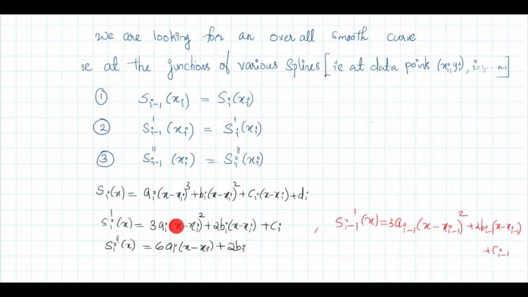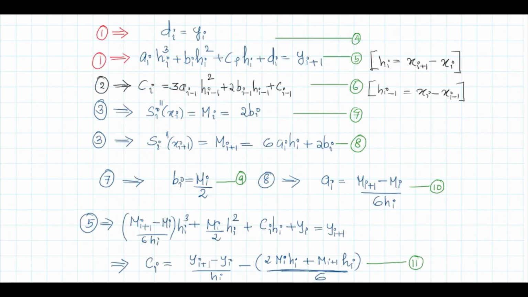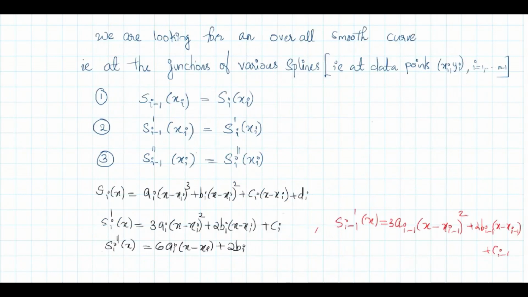When you put x equal to xi in this equation and in this equation, that should match. So that will give me equation number 6: ci equals 3 ai minus 1 hi minus 1 square plus 2 bi minus 1 hi minus 1 plus ci minus 1. Now, the third condition, that is the second derivative.